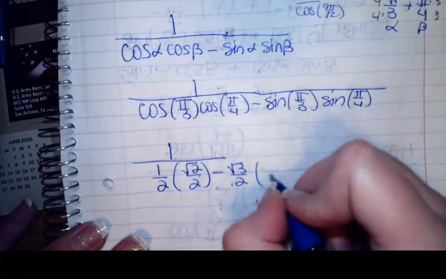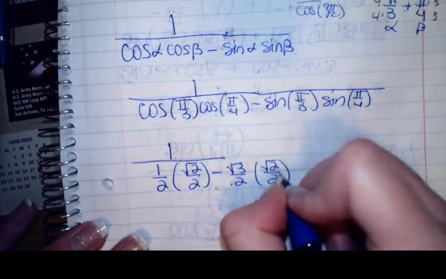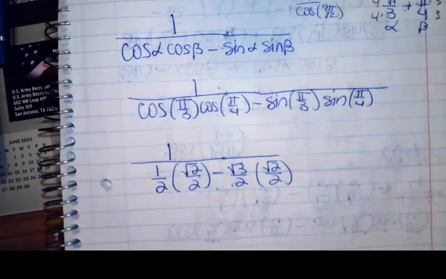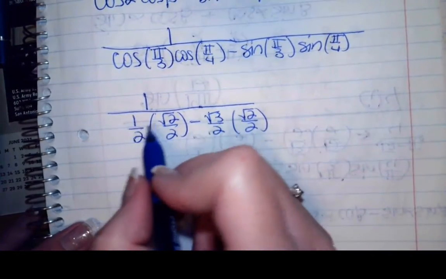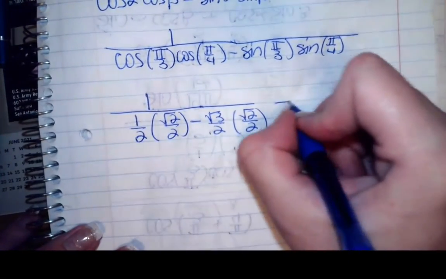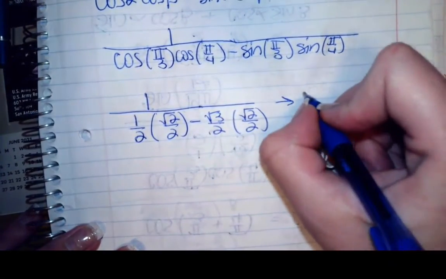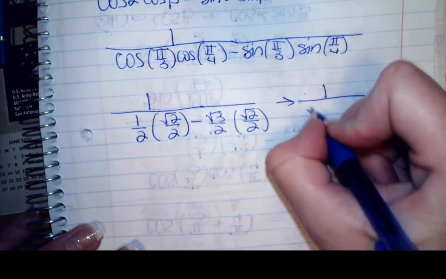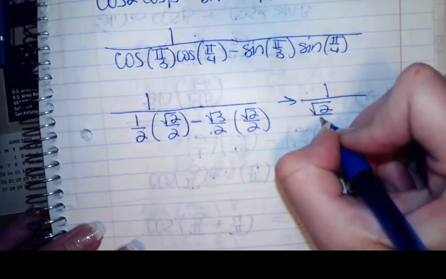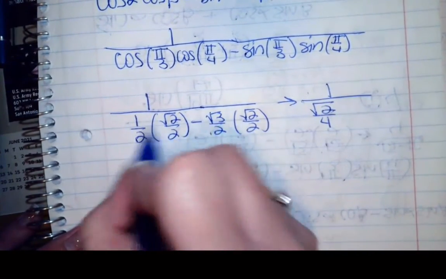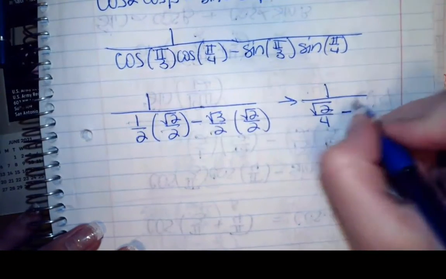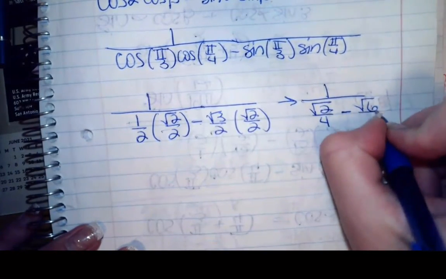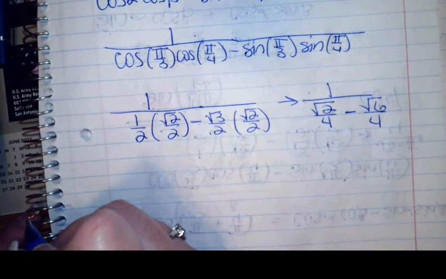And the sine of pi over 4 is root 2 over 2. So now I've got my denominators. So what do I have here? I've got 1 times root 2, so I've got root 2 over 4. Multiply those, minus root 6 over 4.